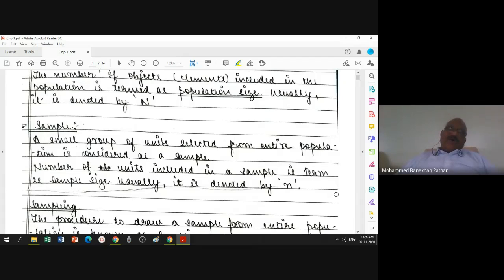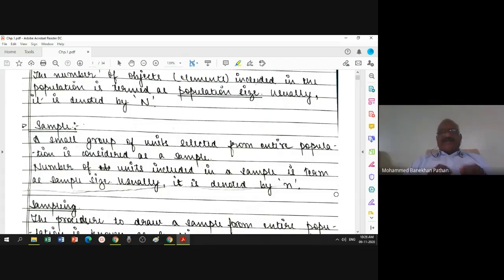If I keep on testing each and every cracker, after testing, only dust remains behind. If the cracker gives a good noise, I will say good quality. If not, I will say bad quality.